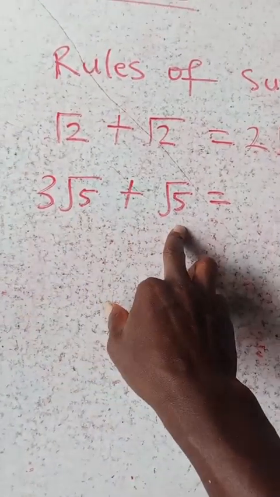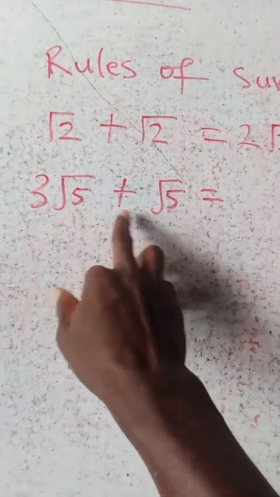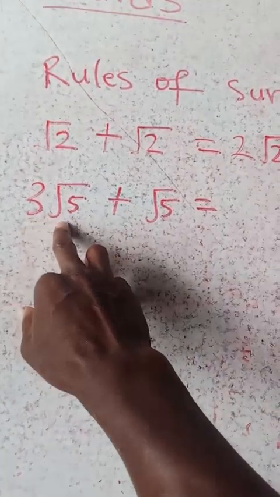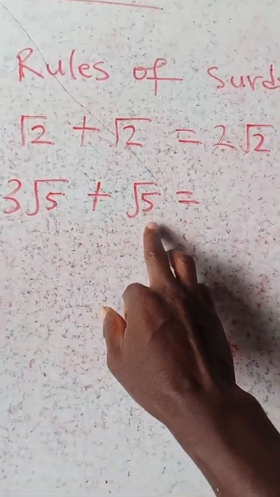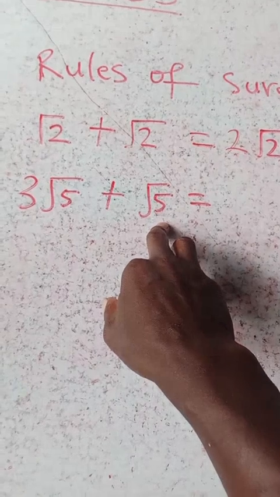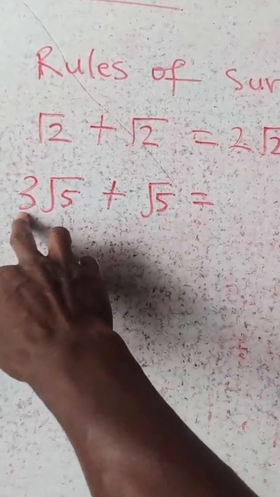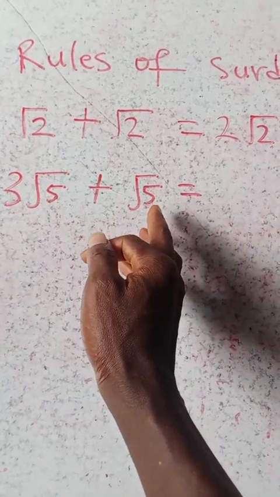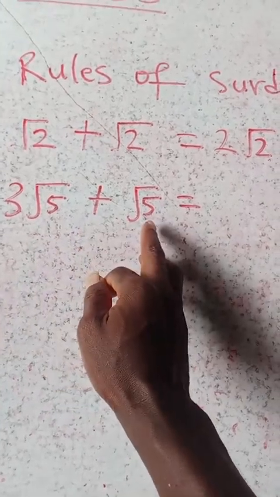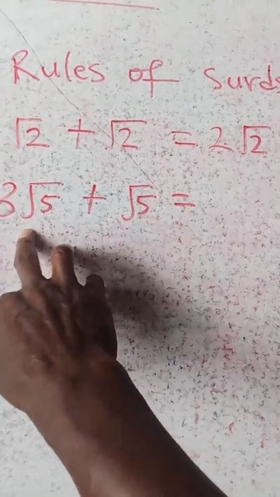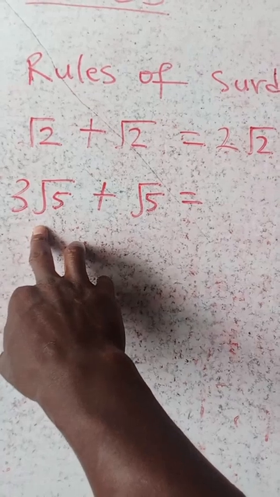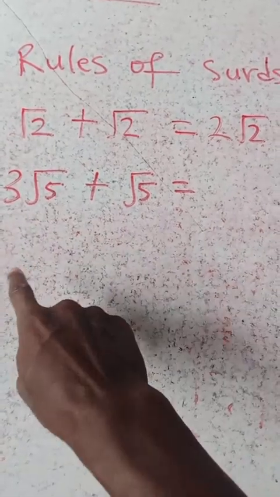If they are the same, this is 3 of root 5, there are 3 goats, and this is just one goat. So if you add 1 root 5 to the 3, how many should it be? It will be 4 now.